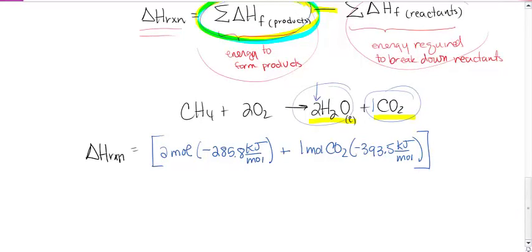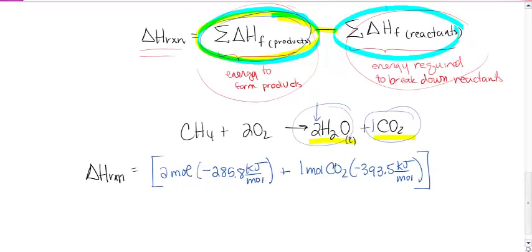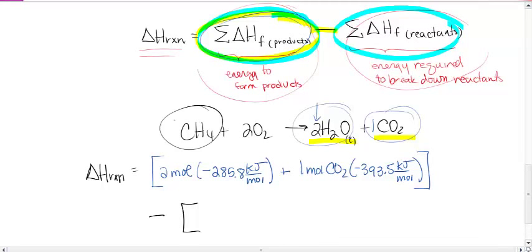Now I have to subtract the heats of formation of the reactants. So minus, I'm going to do this again now. I've got CH4, and according to my balanced equation, there's just one of them. So 1 mole of CH4. I'm going to look on my chart, find methane, CH4. It's negative 74.8 kilojoules per mole.